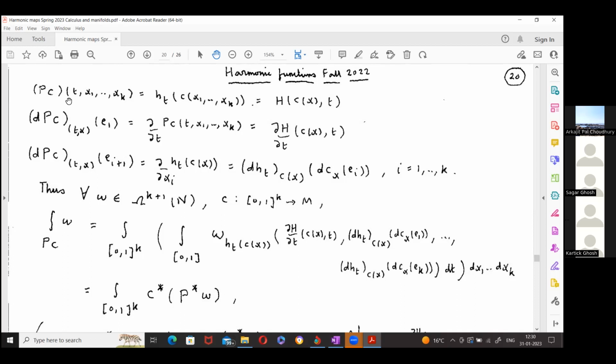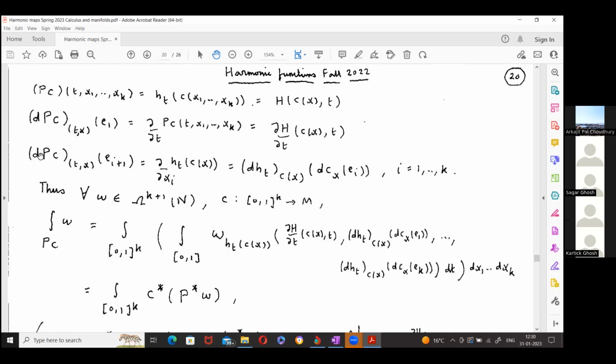So what will the integral over Pc, this (k+1)-cube in N, be? We have to compute the pullback by Pc. For that, we have to compute the derivatives of Pc. So the derivative of Pc applied to the basis vector e1 will be the partial in t of Pc, which is just the partial derivative of H in t at (c(x), t).